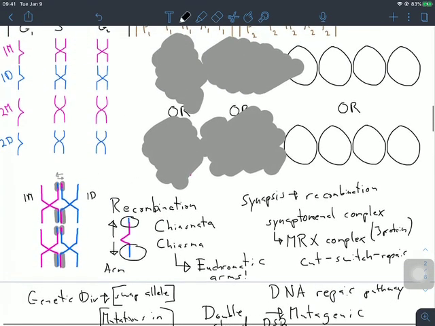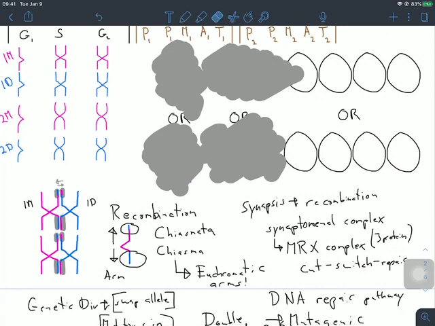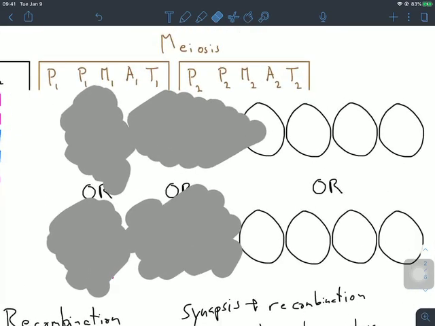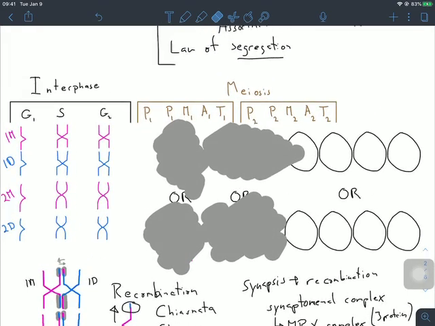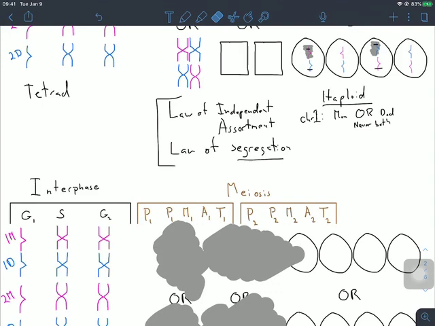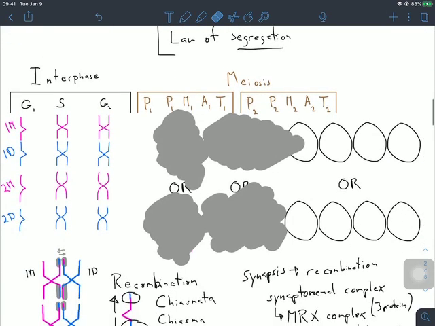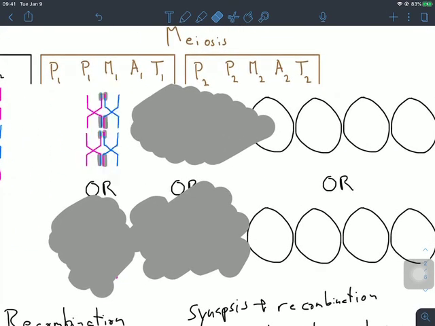So that was a fair bit of vocabulary, but with the vocabulary down, let's do the drawing out to see how this works out practically once we combine recombinations with our laws of independent assortment and segregation. So in prophase 1, you've got recombination having occurred. The homologous chromosomes are lining up too.